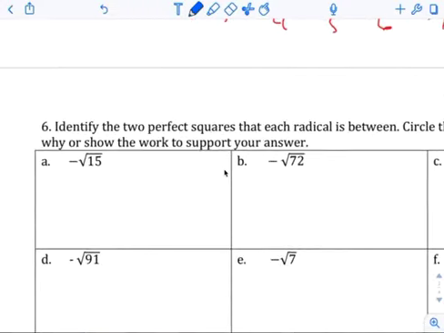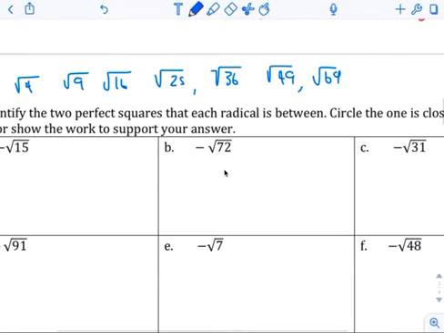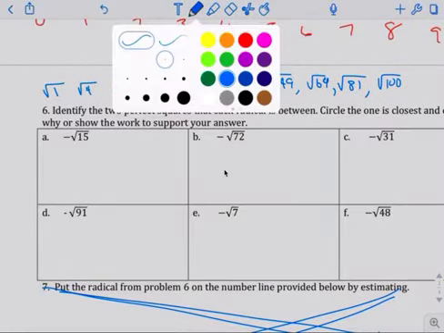All you have to do is list the perfect squares of 1, 4, 9, 16, 25, 36, 49, 64, 81, and 100. Okay? And then put negatives.